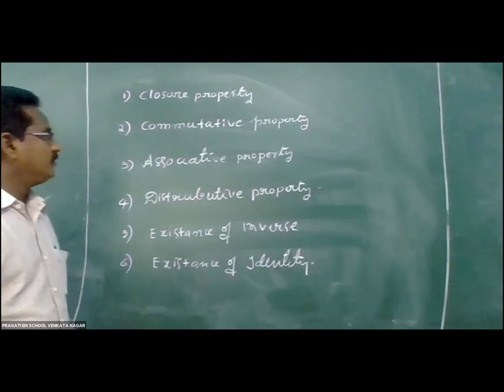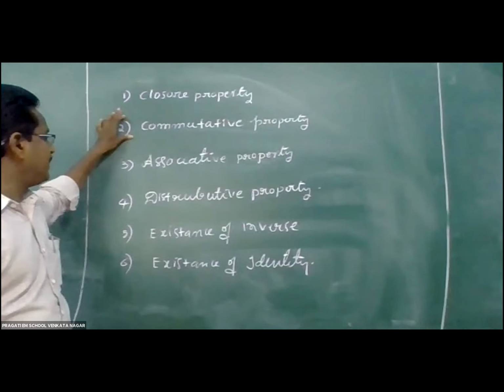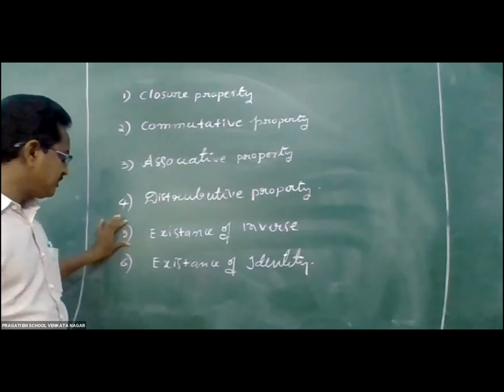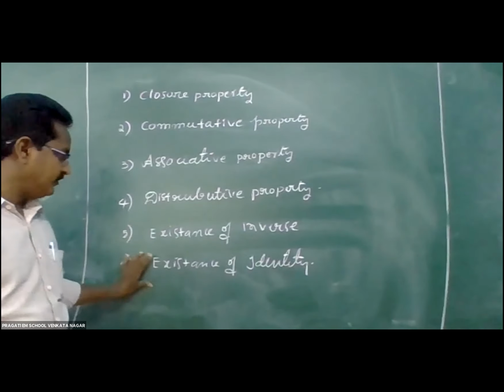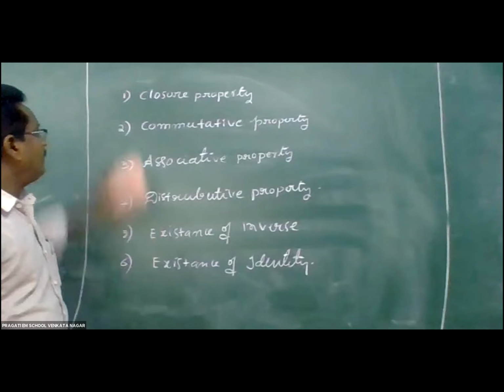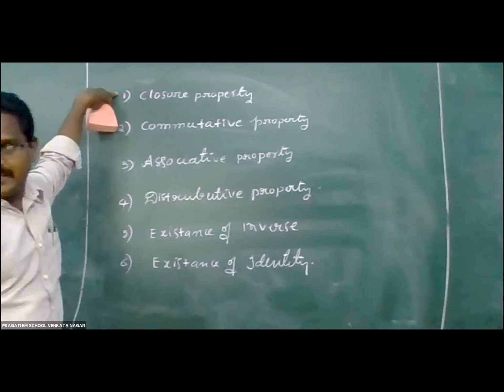Okay, now, children, closure property, commutative property, associative property, distributive property, existence of inverse, existence of identity. Now, one by one, I will explain. Listen carefully and write neatly.